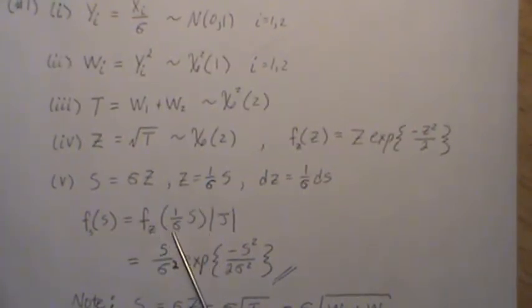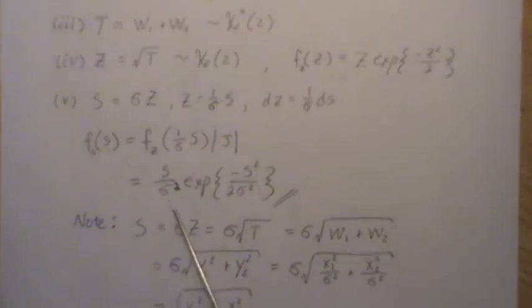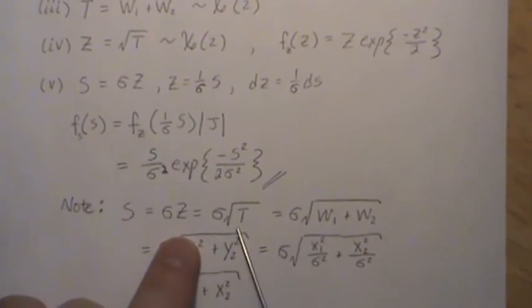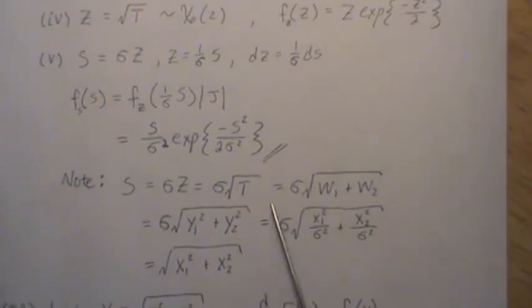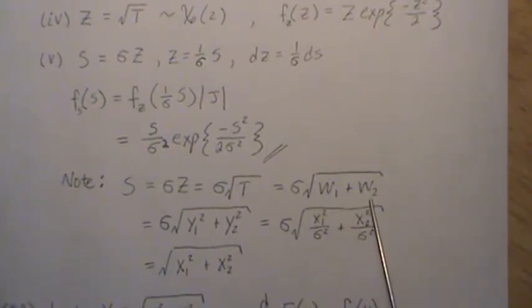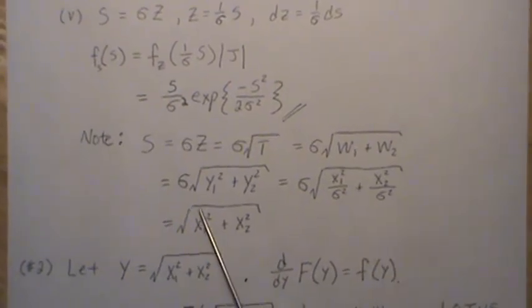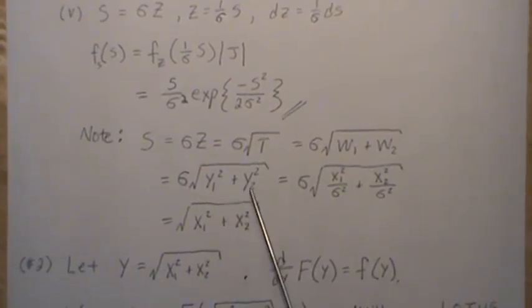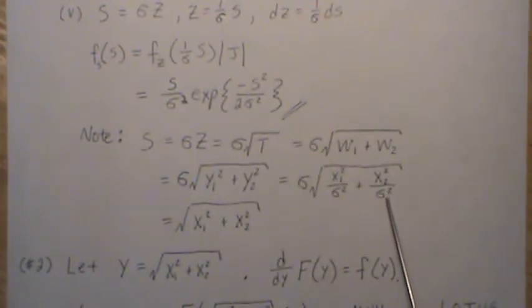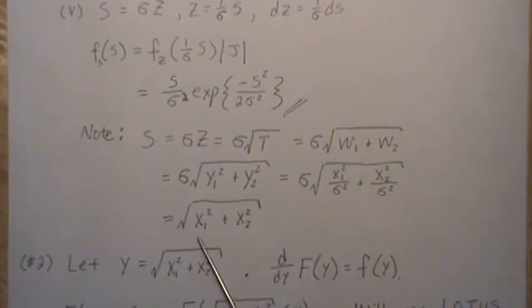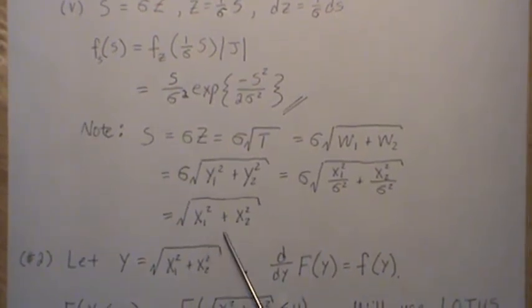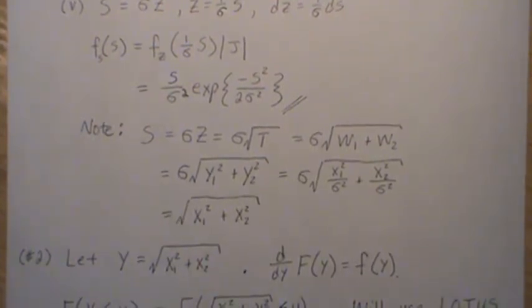S is sigma Z, but Z was the square root of T, and T was the sum of W1 and W2, but W1 and W2 were Y1 squared plus Y2 squared, but these Y's were X1 squared over sigma squared plus X2 squared over sigma squared. Well, this sigma, if you bring it in, cancels, and we're left with the square root of X1 squared plus X2 squared. And this is what's commonly used to transform to a Rayleigh distribution.